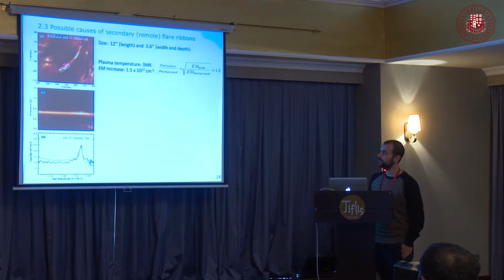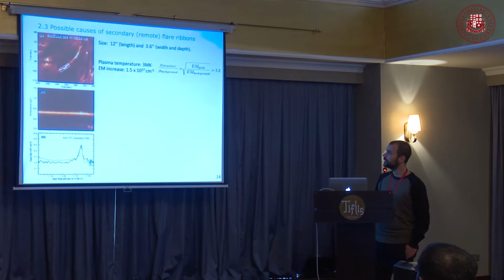We took this box of 12 arc seconds in length and 3.6 arc seconds in width, and we also assumed that the depth was the same as the width. The plasma temperature was found to be about 3 megakelvin, and the emission measure increase, as can be seen here, is about 1.5 times 10 to the 27th.